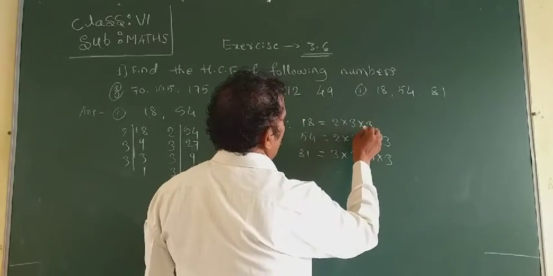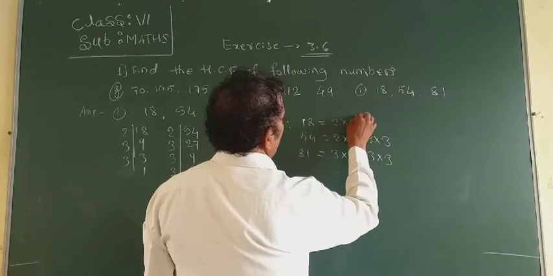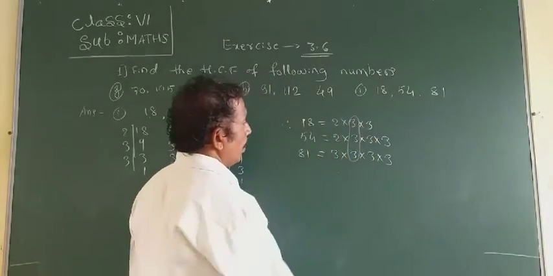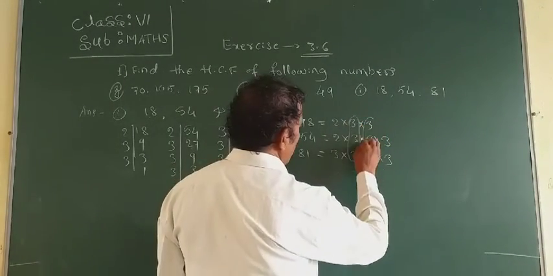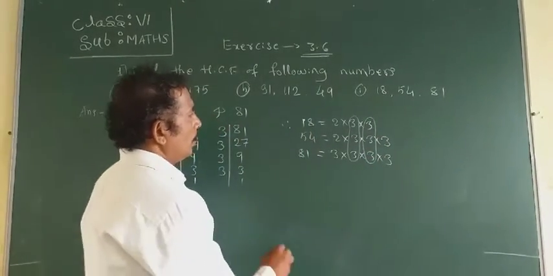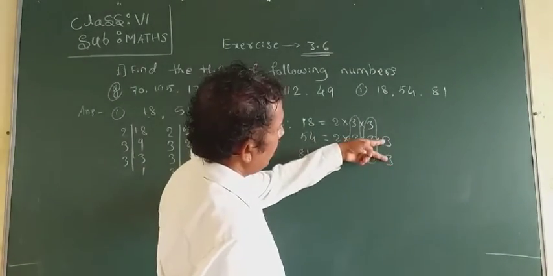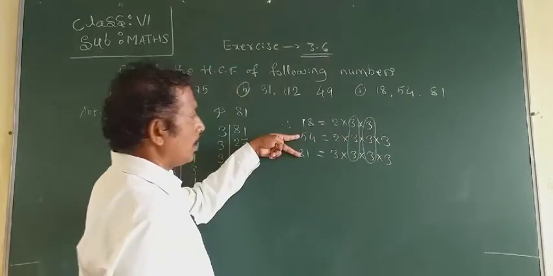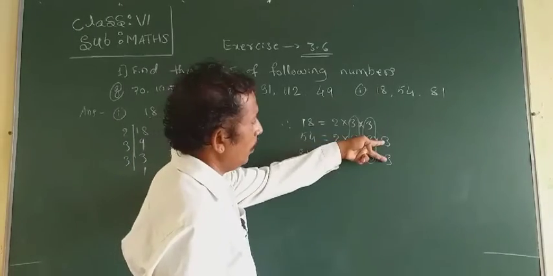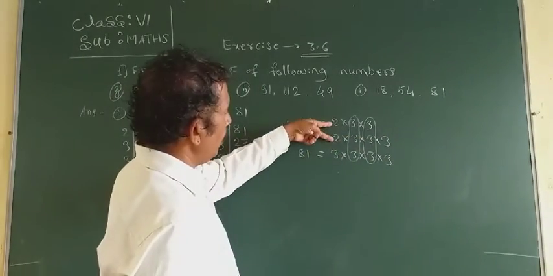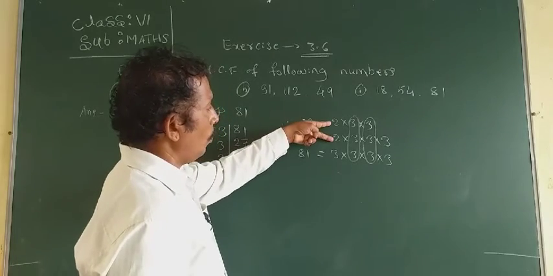First, one time, see here, 3 is common, and one more 3 is common in all the factorizations. But here this 3 is common in only these two factorizations. Don't take this 3. Here also 2 is common in first and second factorization only.